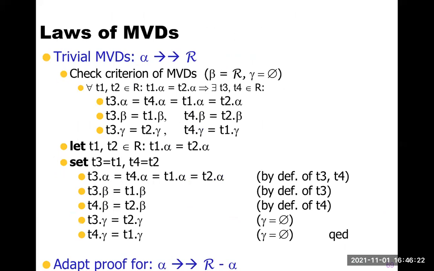And for multi-value dependencies, we may have trivial dependencies if the whole table is on the right part. So that's trivial. If I have a couple of columns, then everything else depends on me trivially.